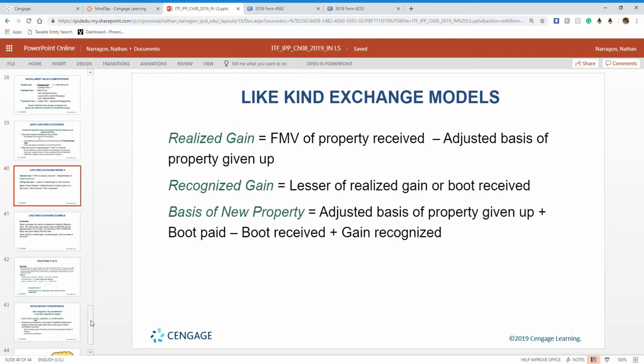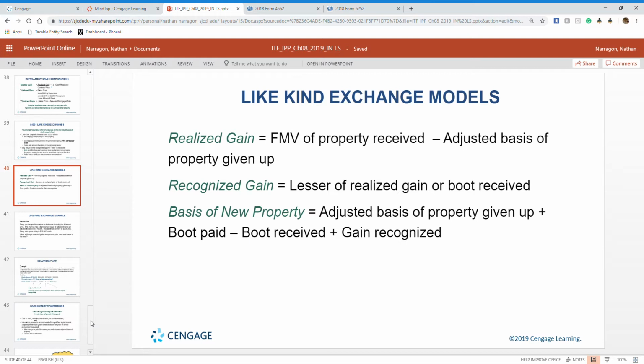Fair market value of property received is wherever the value is currently in the exchange, minus basically the cost minus depreciation that you have in the property that you're giving up. So you've got realized and recognized gain.